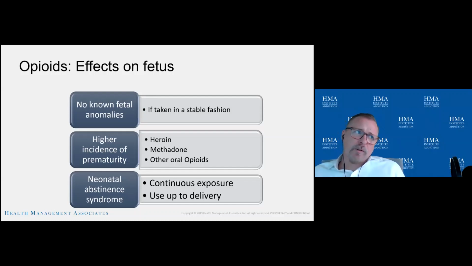And so prematurity can be at the top of the list of that. Methadone had that as well, but it's only basically 5 days difference. So you were still delivering ultimately a term baby at 38 weeks and a couple of days. And then other oral opioids, they found that a few days earlier.